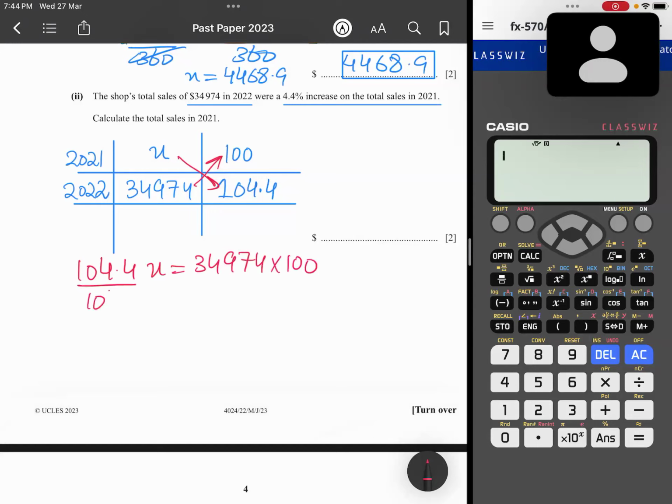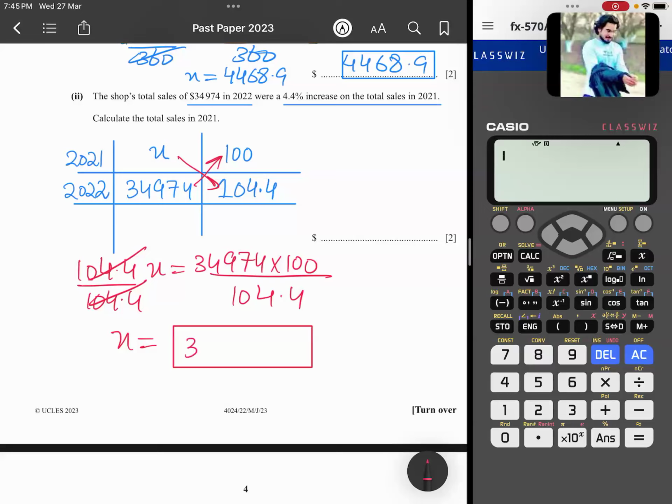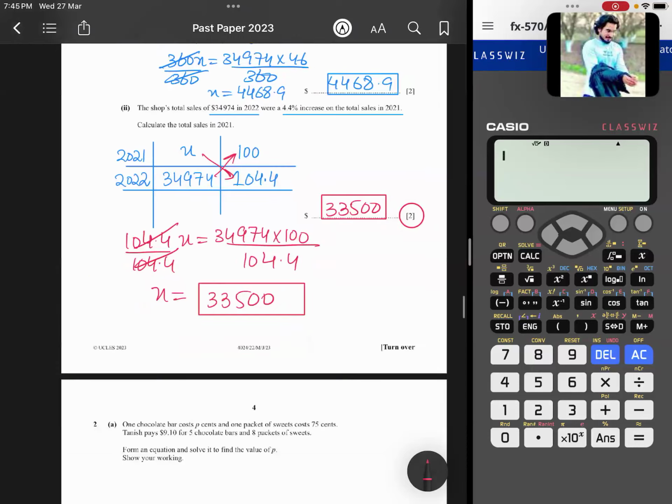No need to memorize any particular formula. x is equal to what? 34974 multiplied by 100. 33500. Mohammad Khan, what answer have you sent me, 33628.85? What did you say, Sarish? Sorry, 33500. 33500 is the answer. Yes, sir. Okay, so Mohammad Khan, be careful while plotting the values. 2 marks.